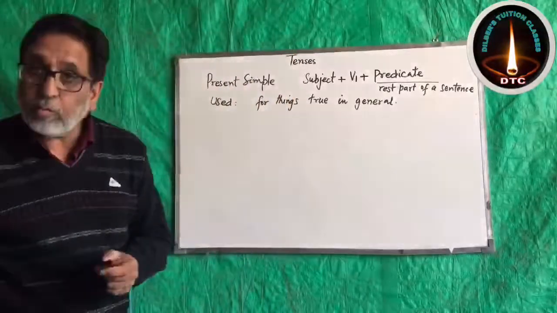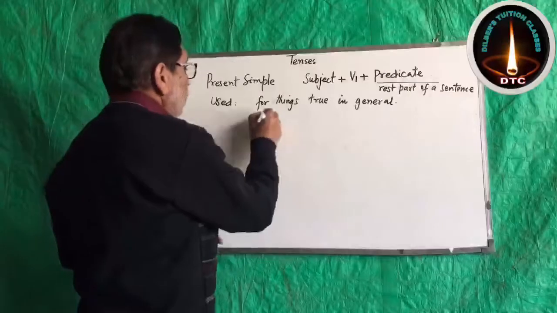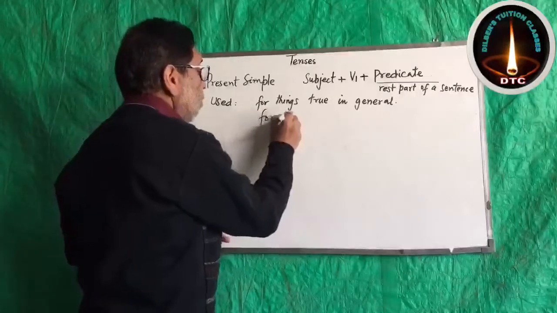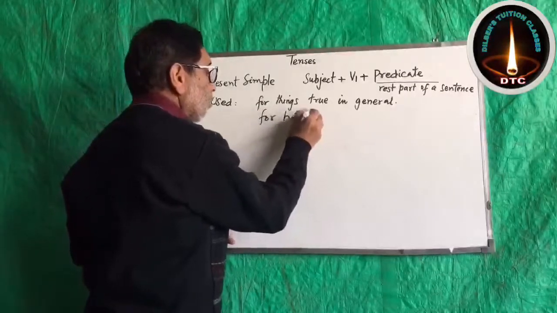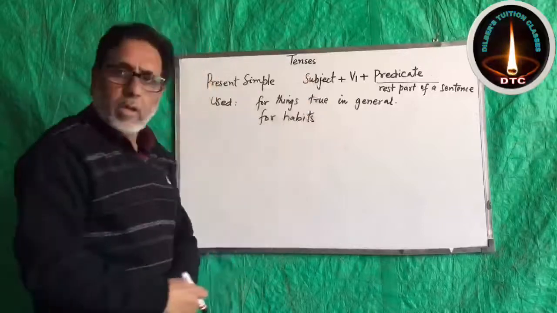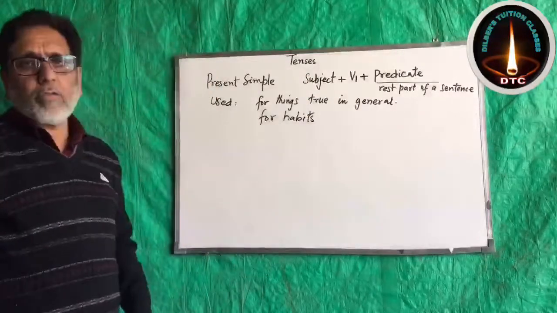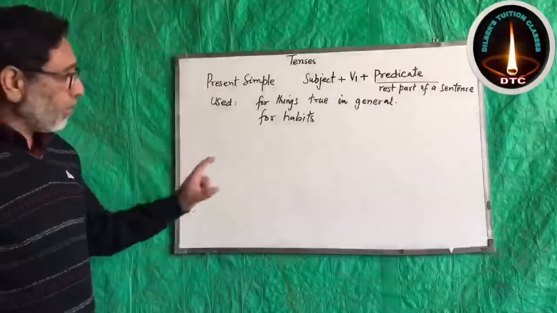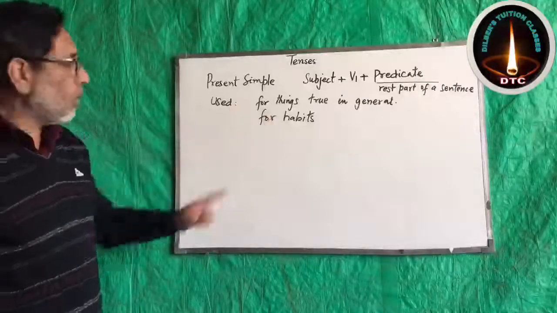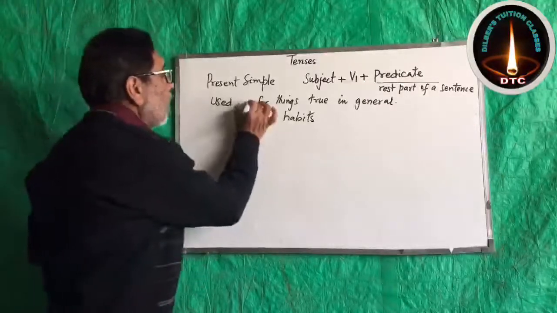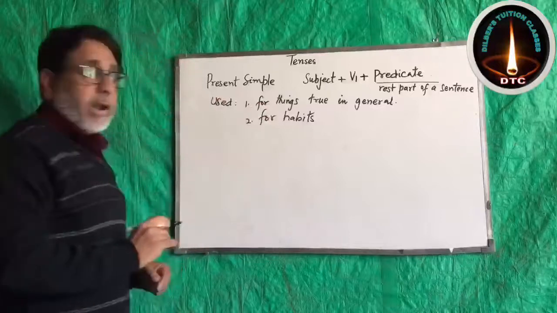It is also used for habits. If you have some habits, it's used for that. Present simple is used for habits. So you remember, this is one, this is two. For habits.